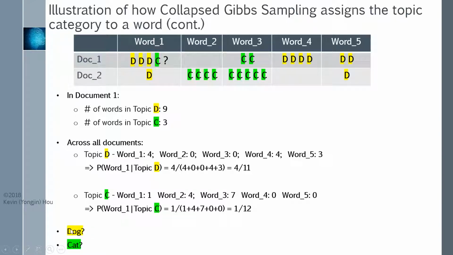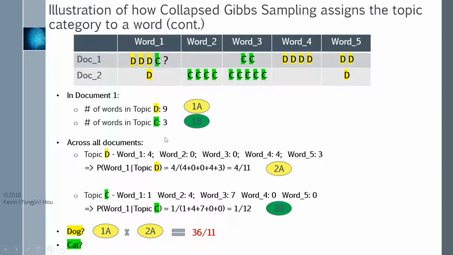So now the question is about this question mark word. Everything we have been doing so far excludes the question mark word. Now, should the question mark word be allocated to dog or to cat? So that's the question. What do we do? Among all the numbers we have calculated, these 4 are the most important, so we label them and give them different colors.